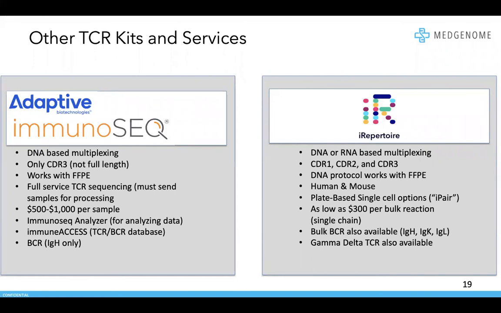The pricing that iRepertoire offers is somewhat competitive, but the $300 buys you only a single chain of TCR data and does not include analysis. So there's still some flexibility there to sort of compete on pricing and the analysis options as well.